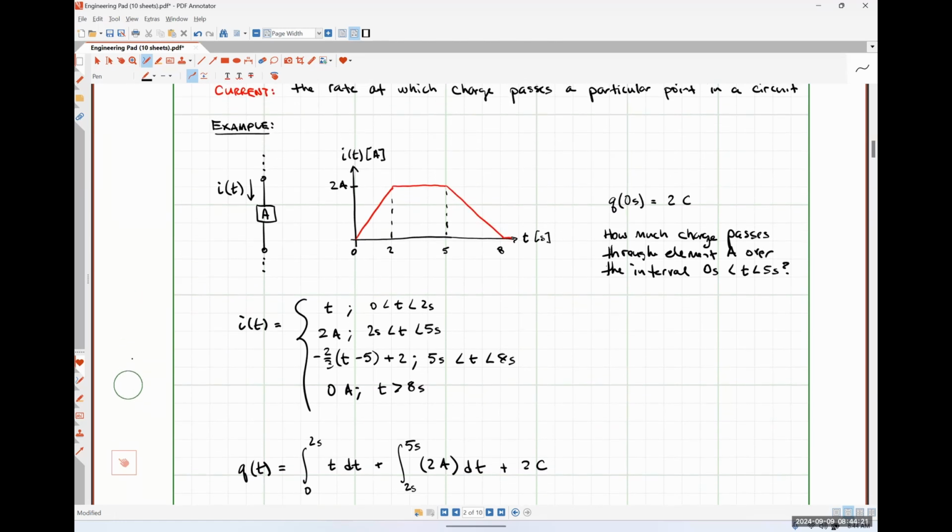So what would be an easier way to find the total amount of charge? Simple geometry, right? We have the area of a right triangle and the area of a rectangle, and we can add those together, tack on plus 2 coulombs at the end, and we would get the exact same result. So in this class, let's talk about the math that I'm expecting of you.